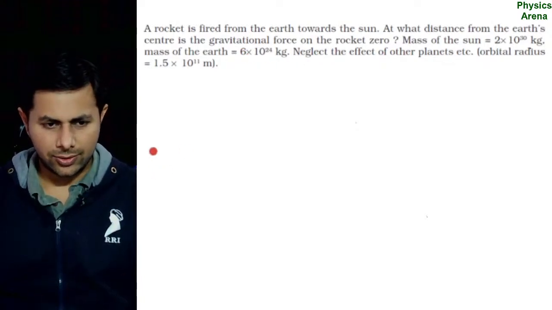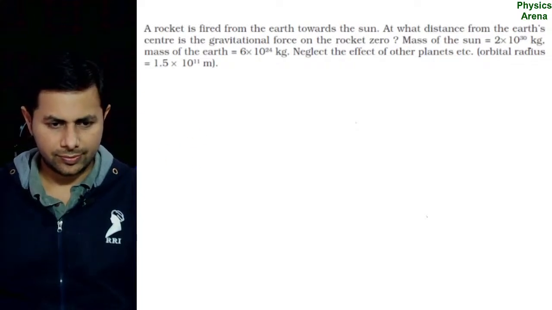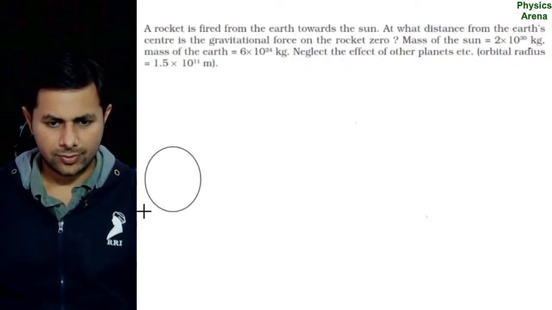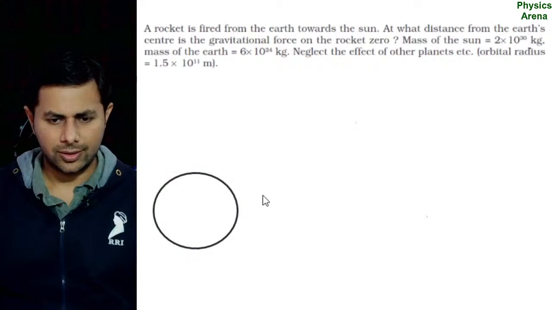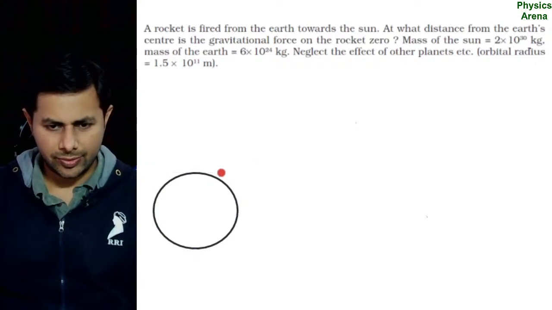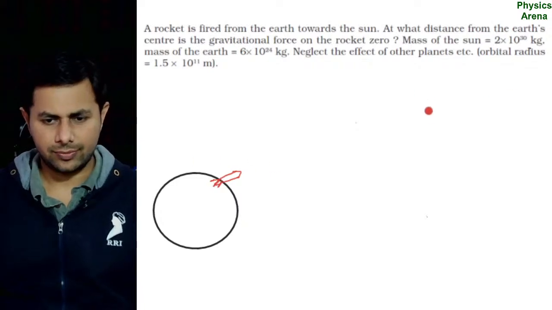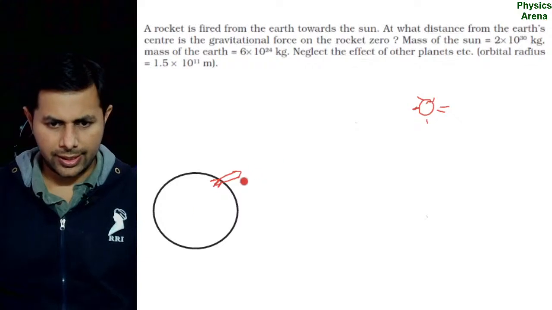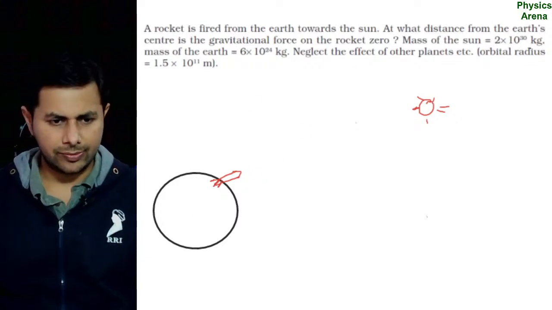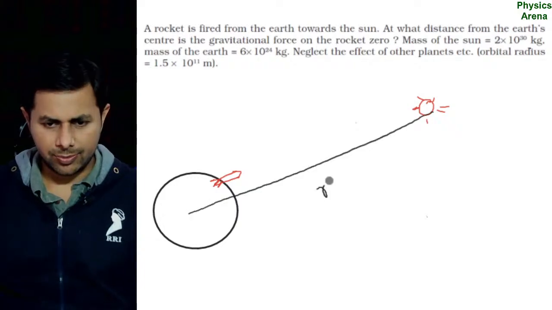Okay, so let's suppose this is Earth, and we fire a rocket from here towards sun. Okay, so sun is somewhere over here. And right now the distance between the center of Earth to center of sun, let's suppose it is r.